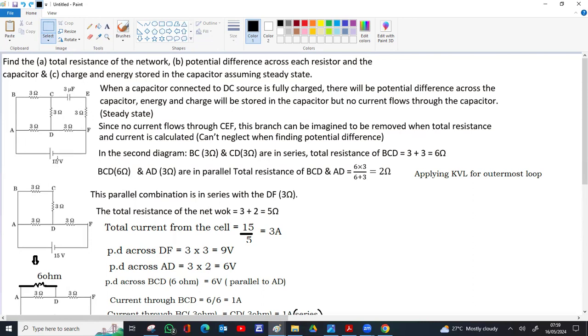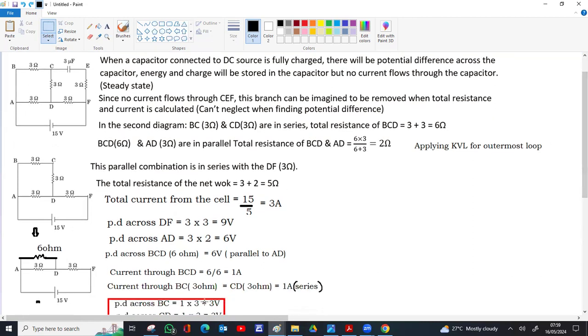When you apply the rule, 15 volt is the cell. Here we already calculated the potential difference as 1 into 3, which is 3 volts across DC. The sign of the potential difference when you apply the voltage law is the sign of the terminal you leave the resistor from.